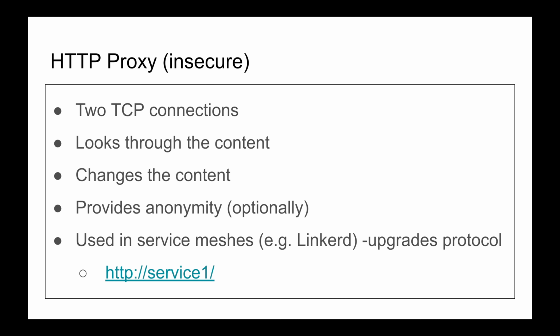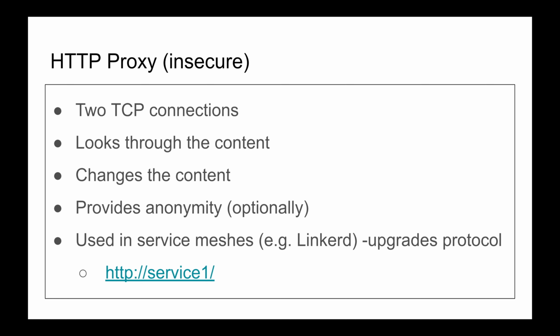It changes the content sometimes. It adds its own headers like X-Forwarded-For, so the server actually knows which client is connecting sometimes. So the server can know which client it is, the original client, if it wants to. The proxy adds some layer 7 headers that let the server know who the original client is.